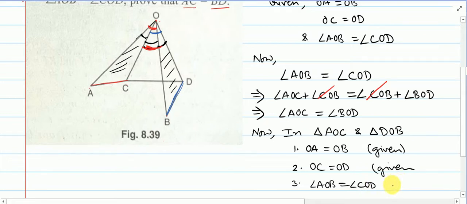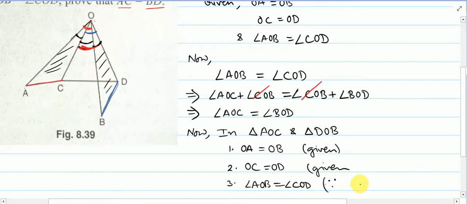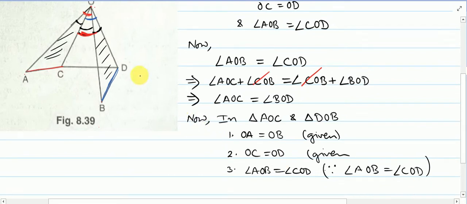Since angle AOB is equal to angle COD, here what do we observe? That this side and this side, and this angle.